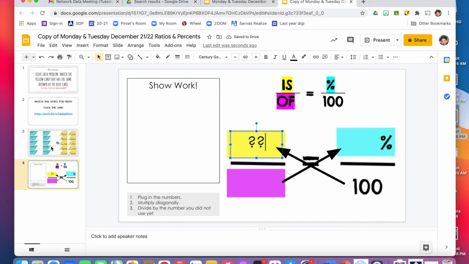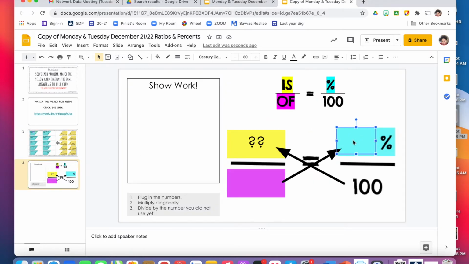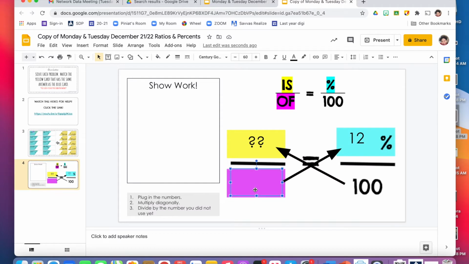That's what we're trying to figure out. Our percent is 12%. And our of is 50. So we're going to put 50 in here.